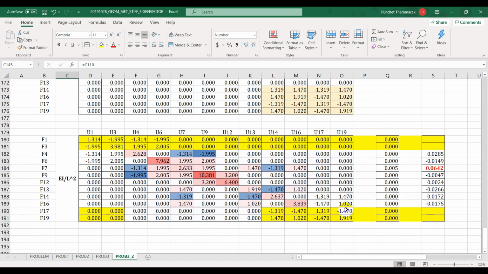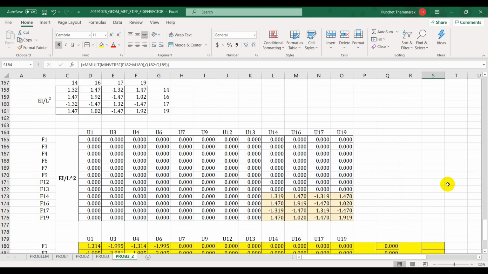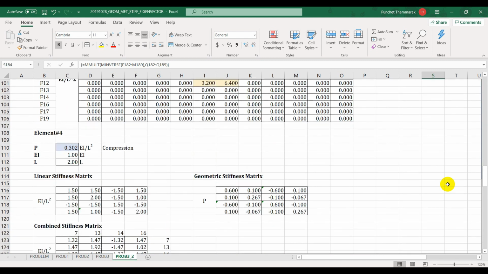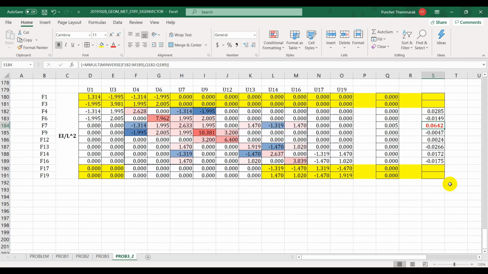What we have over here, we have the deformation. Oh, it gets magnified, 0.0642. Why is it so sensitive like that? You just change axial force, not that much.